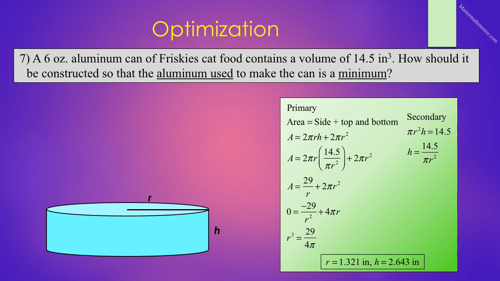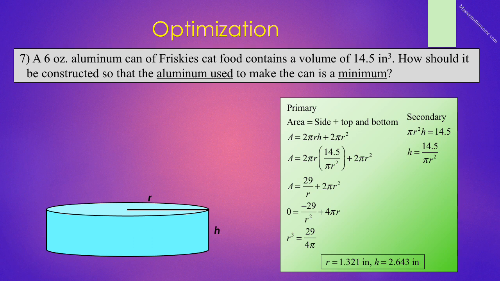The area will be the side, whose area is 2 pi rh, and the top and the bottom, which are circles, plus 2 pi r squared. There are two variables on the right-hand side, so we need a secondary equation. We utilize the fact that the volume must be 14.5 cubic inches, or pi r squared h equals 14.5.